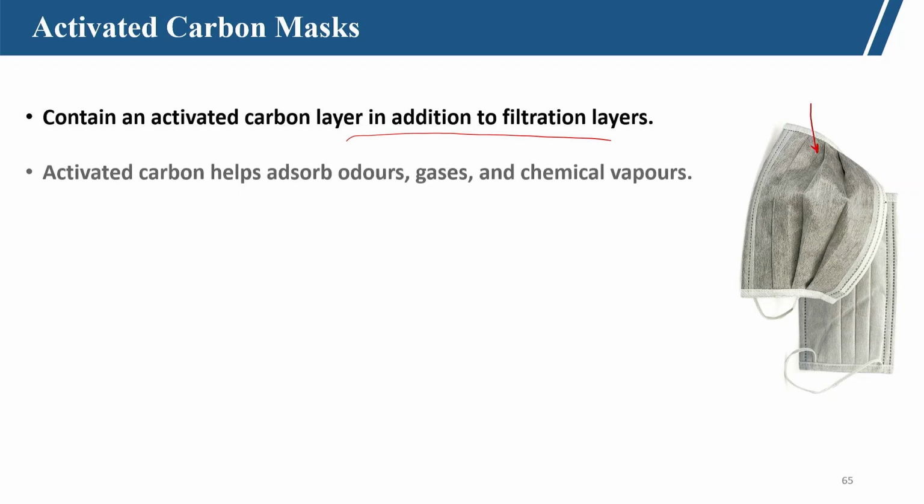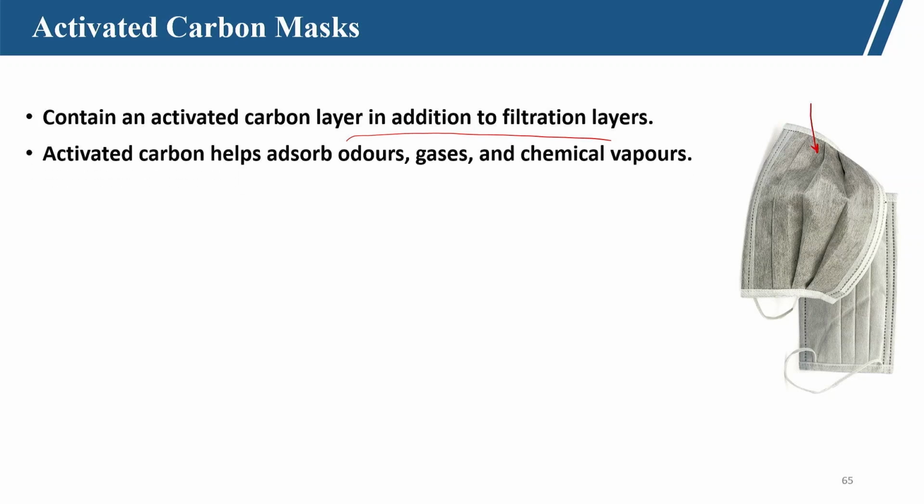The normal filter layer captures the particles, but activated carbon helps in absorbing odor, gases and chemical vapor. Chemical vapor with very fine particles may not be captured by normal filtration, so activated carbon is used to absorb these gases and vapors.